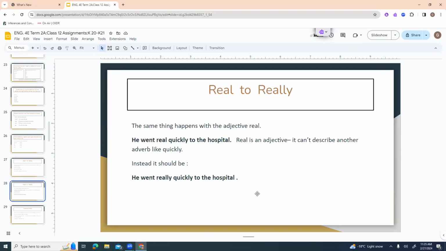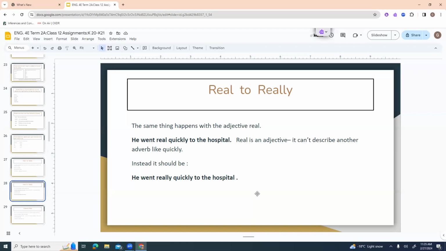Real to really. Real is the adjective. Really is the adverb. Okay. If I said he went real quickly to the hospital, real is an adjective. I can't use it to describe another adverb like quickly. I can only describe a noun, right? Instead, I should have put, he went really quickly to the hospital.